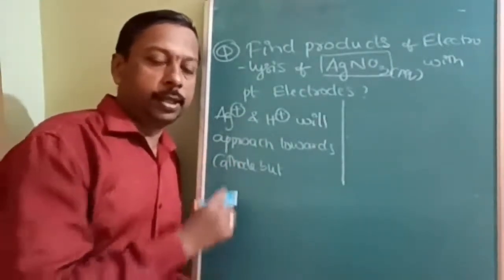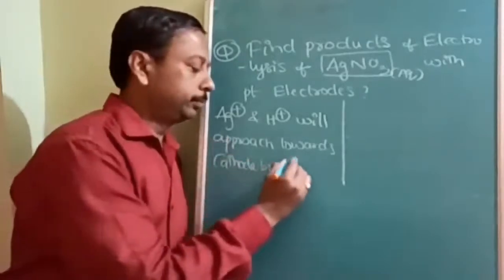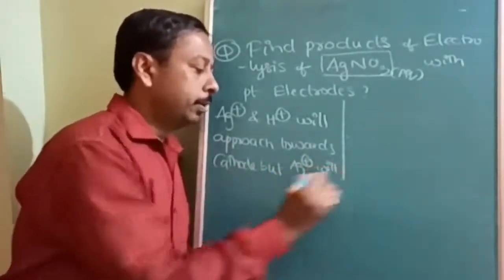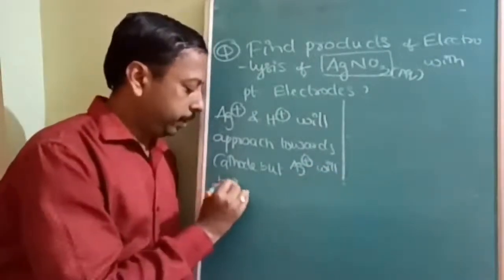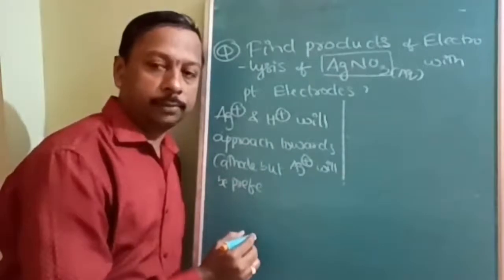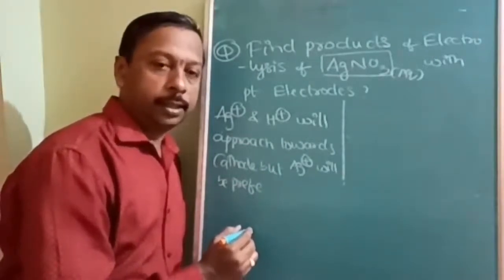Easy to discharge is Ag plus. So Ag plus will be preferentially discharged, because of its easy discharging nature.